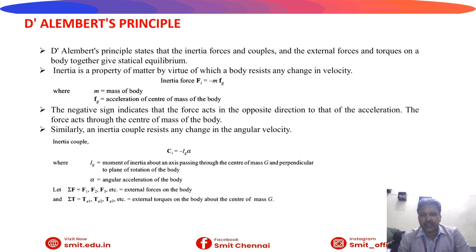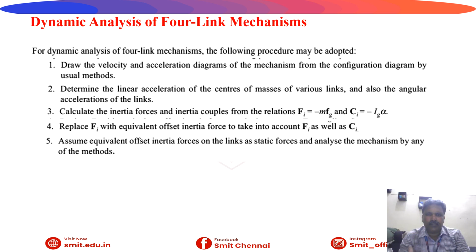So the center of gravity and moment of inertia, we have studied in the engineering mechanics subject also, the basic concepts, and again we are following the same topics. Sigma F, equal to F1, F2, F3, etc., equals the external forces on a body. Then T1, T2, T3 are the external torques on a body about the center of mass G.